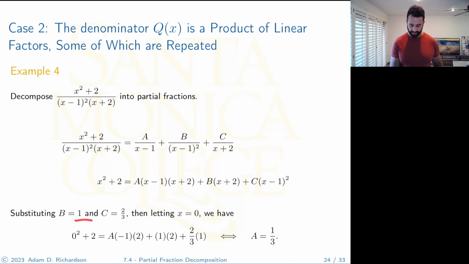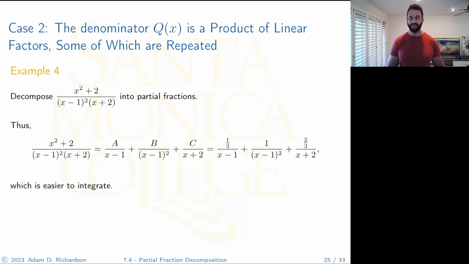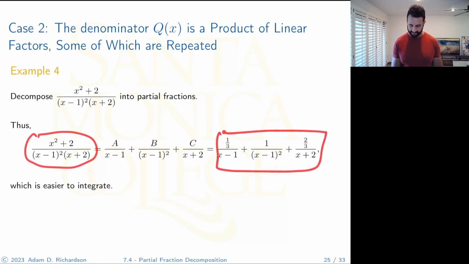So once we substitute b and c right there, we're only left with the unknown a. We plug in x equals 0 and we get a equals 1/3. Hooray! Now we can finalize our result. This fraction here, this rational function, is equal to this. And this is much easier to integrate.